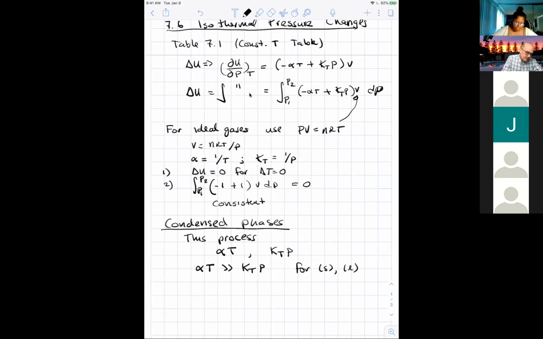The first reason is that this kappa is roughly constant, and that P is typically 1 atmosphere for a condensed phase. In other words, we're not really interested in the ambient pressure. So, and I think we'll see this more explicitly in a few minutes, but what this means is that we end up with a different set of constraints on our condensed phases, right? Okay.